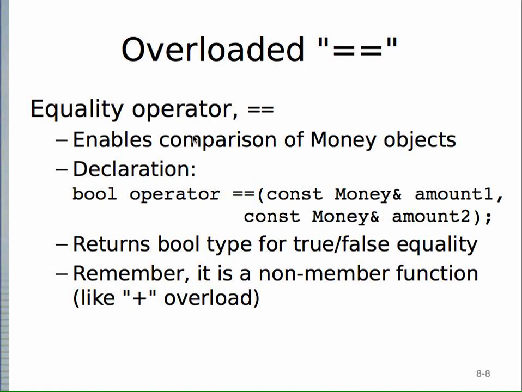So like the plus operator that the book talked about, this is a standalone operator. It has actually two operands because it's not part of the class itself. And just like with the add operator, which was a standalone operator in the book for the money class, I'll just flip back to it right now.